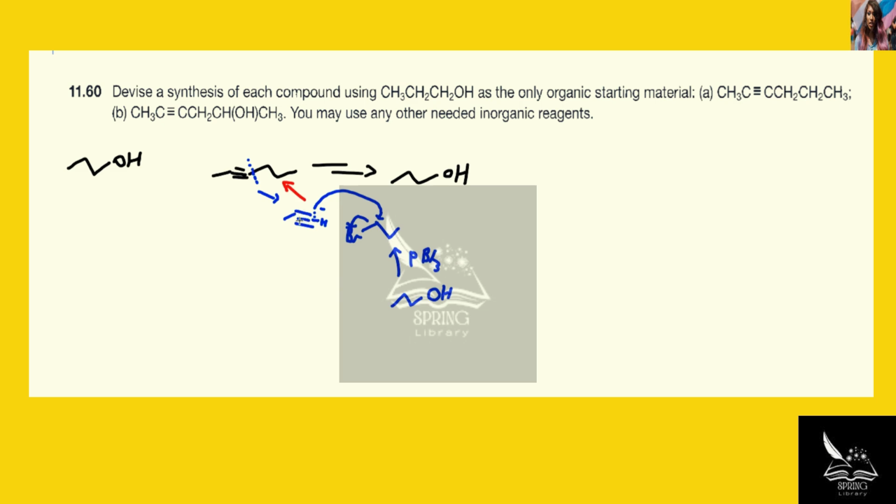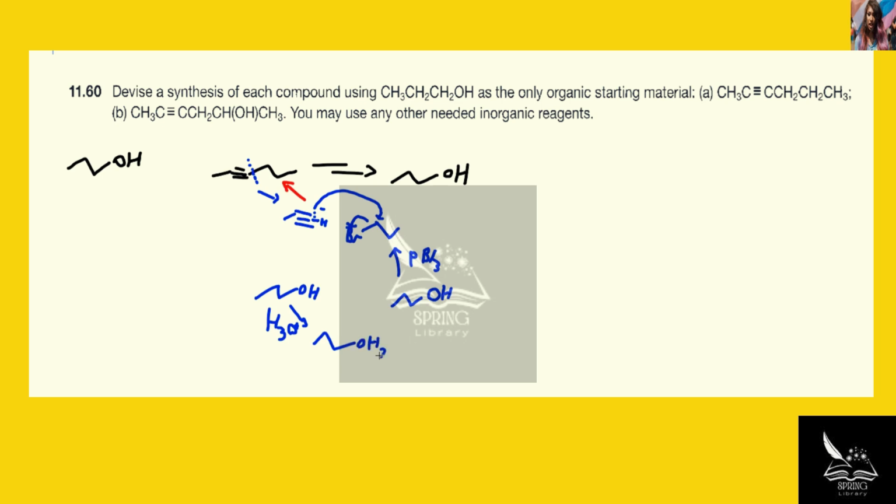But how do we get this from this? Let's first convert this to an alkene, a dehydration. We can do this by using some sort of strong acid, so we can just use H3O+. What that will do is protonate the alcohol to protonated water.